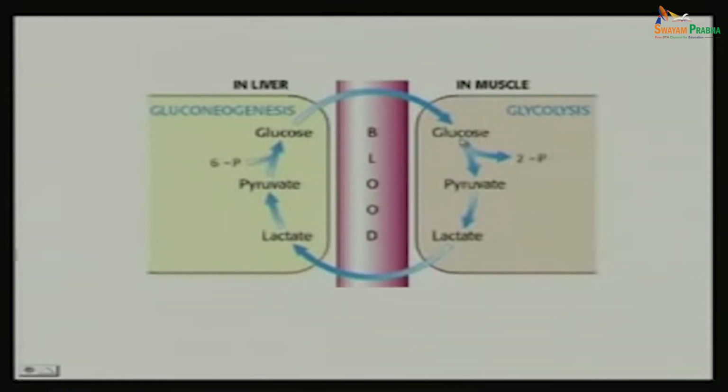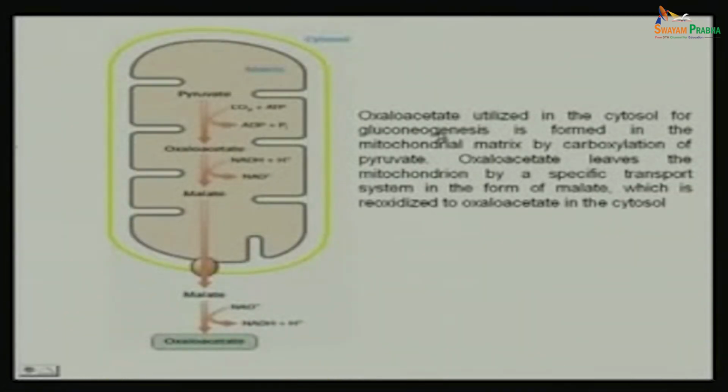Glucose is converted to pyruvate and then lactate, and this lactate enters the liver cell, where lactate goes to pyruvate, and pyruvate is once again converted to glucose through gluconeogenesis, and this glucose comes back to the muscle cell of the body.